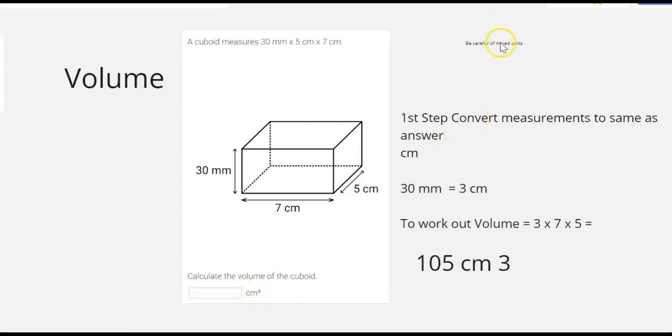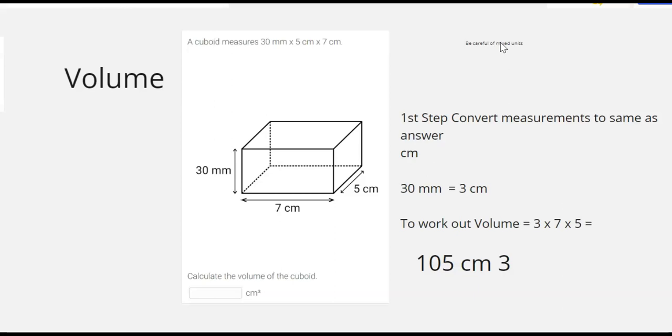Okay, so the first thing you need to be wary of, particularly at level 2, is that there will be a lot of questions that contain mixed units, so expect it. The tip here would be to convert those first, into the units that are given in the answer.